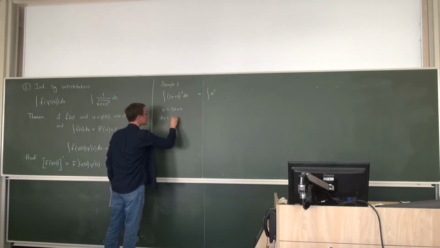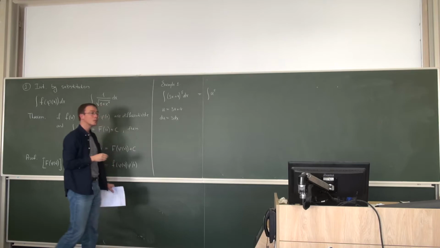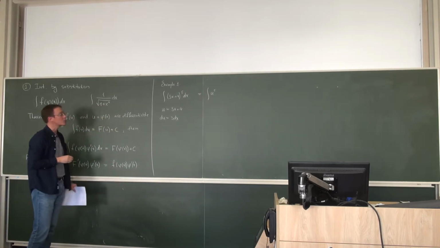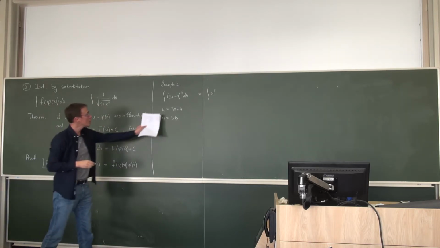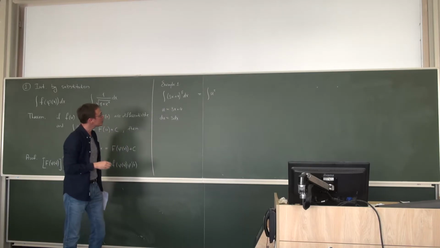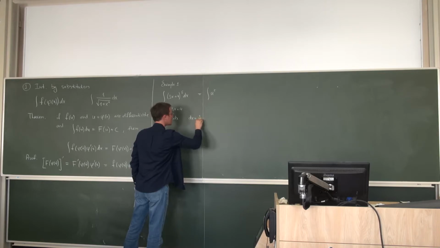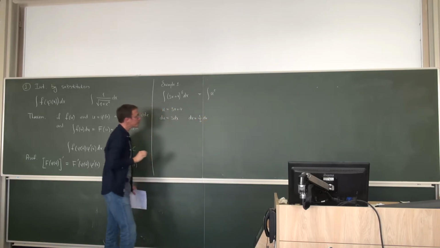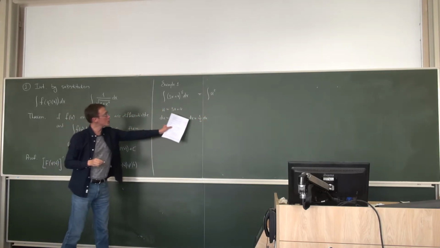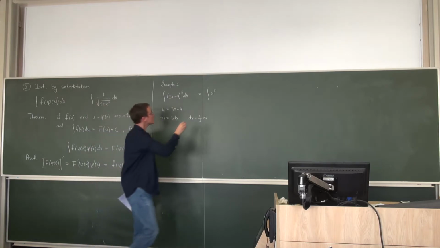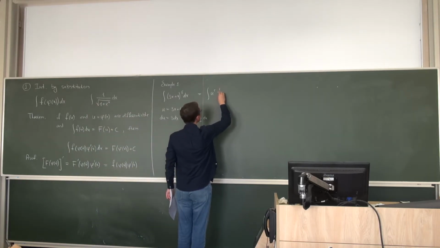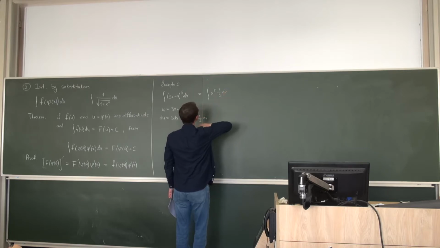du is 3 dx, as you know, because you have had some practice with calculating differentials, right? So the derivative of this times dx. Therefore, dx is 1/3 du. And we can now do that substitution over there. So this will be 1/3 du.